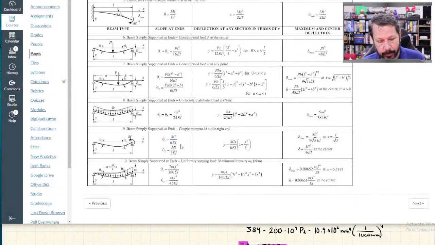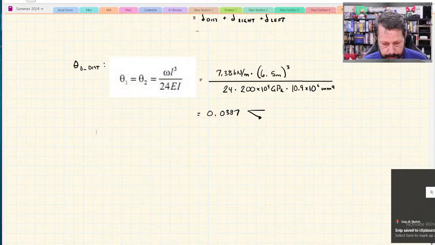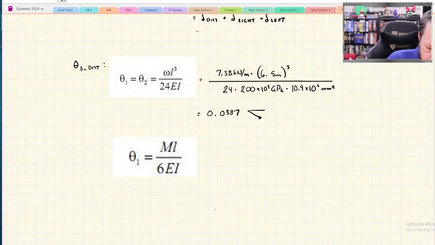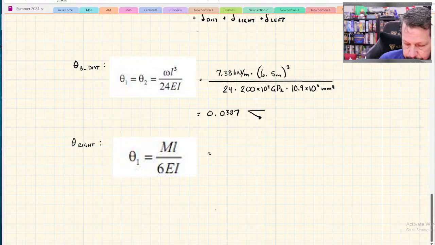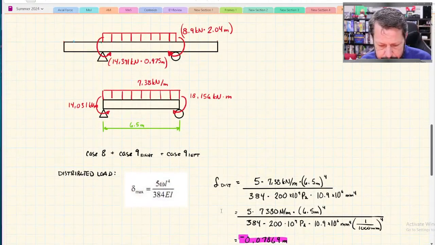But we want a negative, or we want it to be the other sign. So this will be the theta from what I called the right-hand side. Same, oh no, different moment. The moment is 18.156 kilonewton meters.